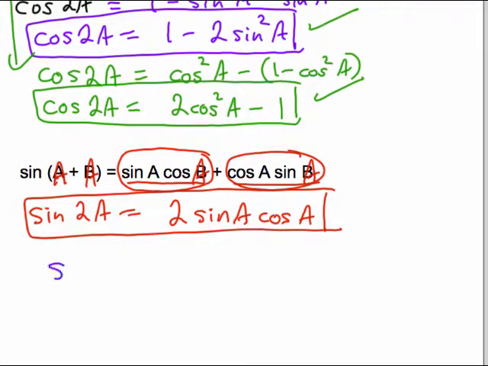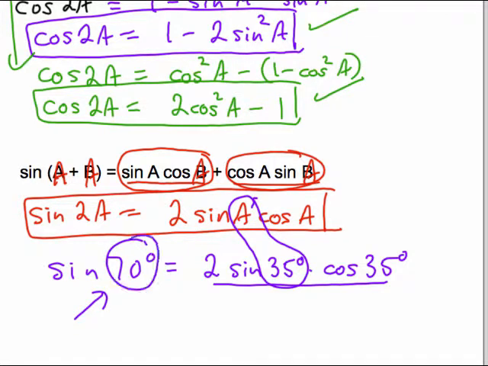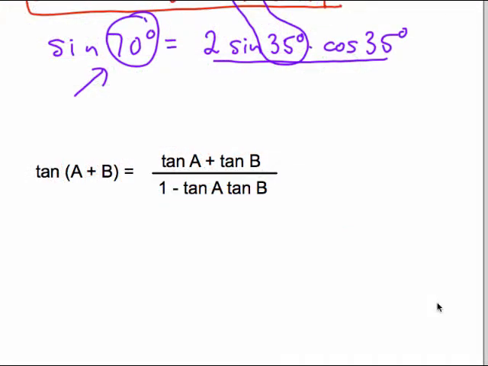In other words, if I have the sine of 70 degrees, that's equivalent to twice the sine of 35 degrees times the cosine of 35 degrees. If angle A is this, and we match the pattern, that's equivalent to twice the angle in this position. And again, we can do the same thing with tan.